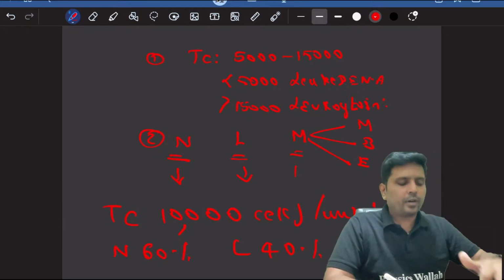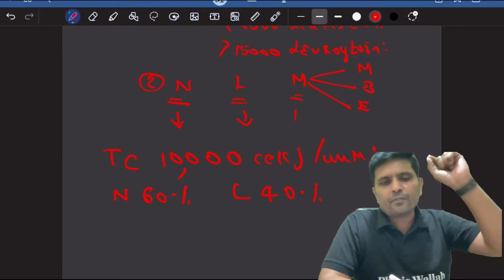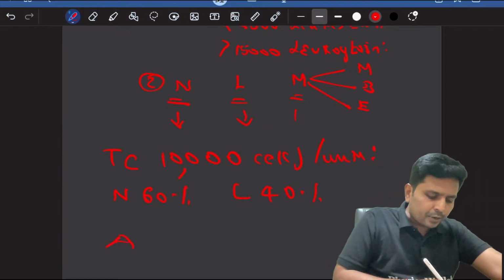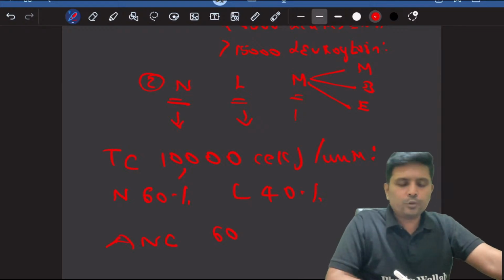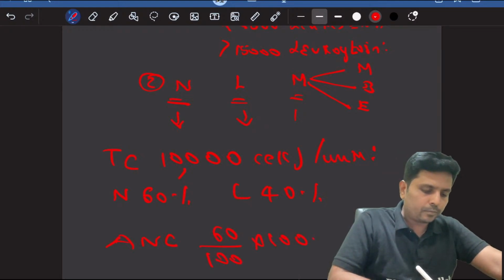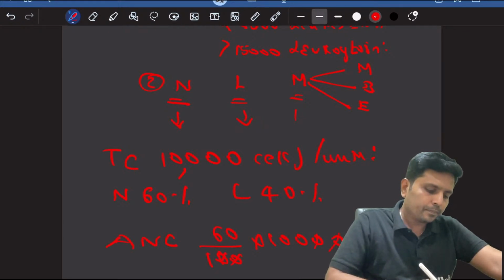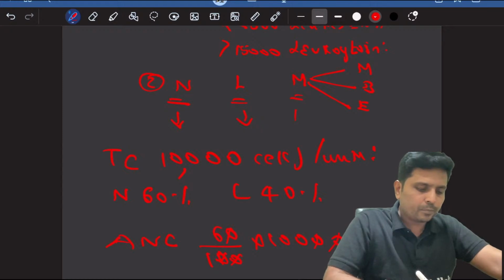From this you need to arrive at the absolute neutrophil count and the absolute lymphocyte count. Absolute neutrophil count means what? 60% neutrophil, so 60 divided by 100 into 10,000. How much does it come to? Roughly 6,000 cells per cubic millimeter.